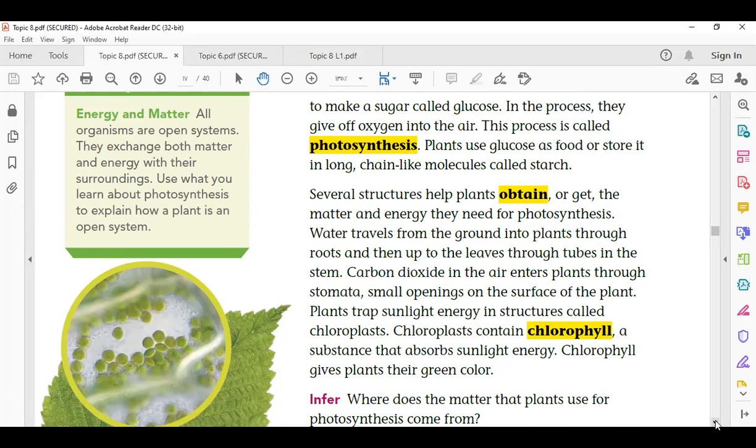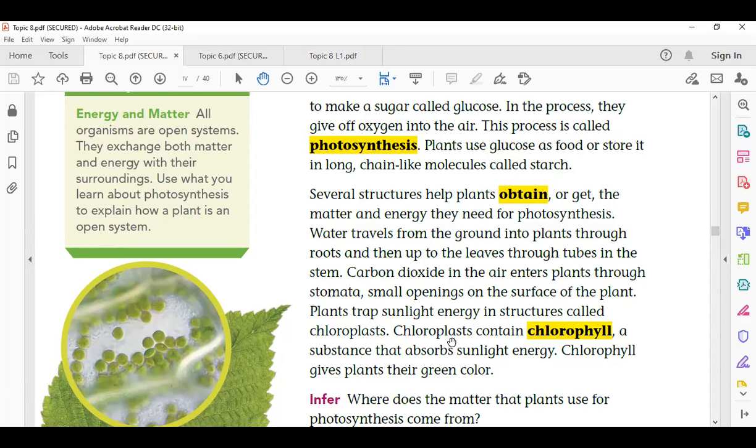In the plants, as you know, photosynthesis takes place in the leaves, and leaves have a structure called chloroplast. Look at this structure, chloroplasts. The chloroplasts are found where?